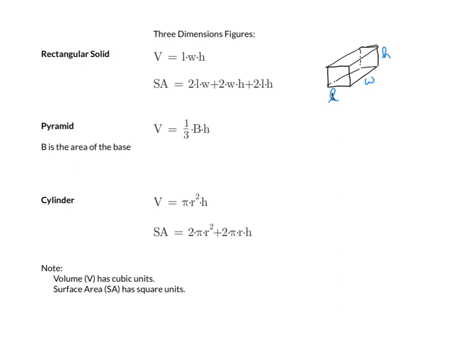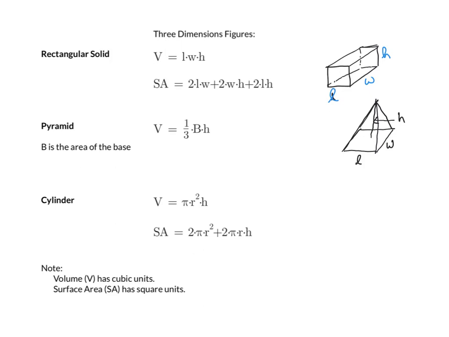The next figure that we're going to look at is the pyramid. And the pyramid, we have a square base, and to find the volume, we have V equals 1/3 times capital B times H. Now, when working with pyramids, notice that our pyramid in general can have whatever kind of base you want.